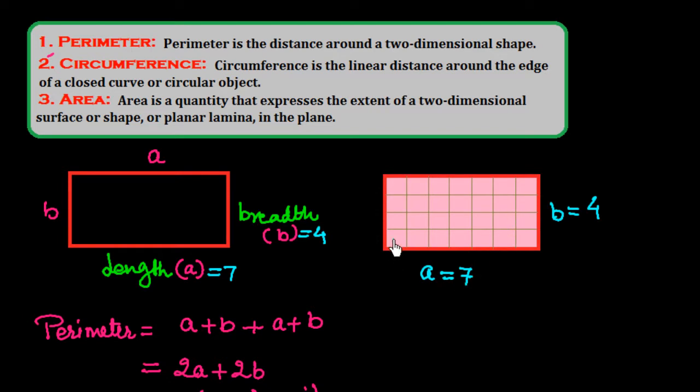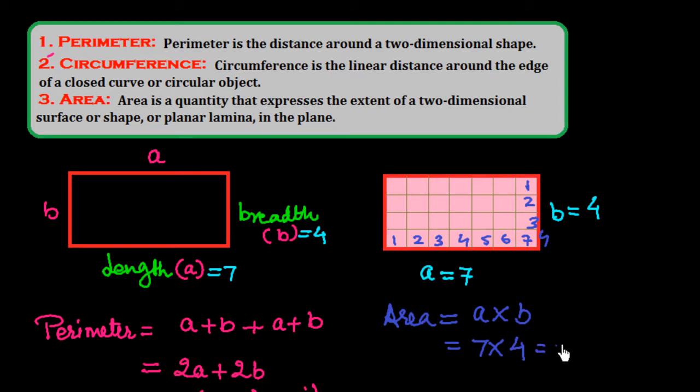If we count here, 1 2 3 4 5 6 7, and in this direction 1 2 3 4, there are 7 into 4. If you count all of this, 7 and there are 4, so area is equal to length into breadth, that is 7 into 4 in this figure.